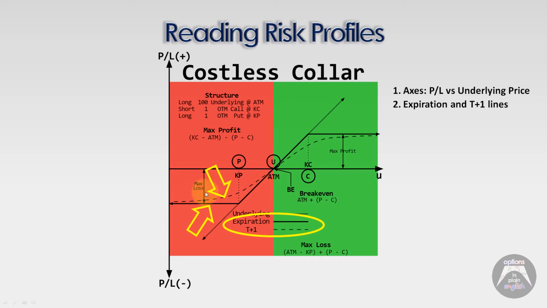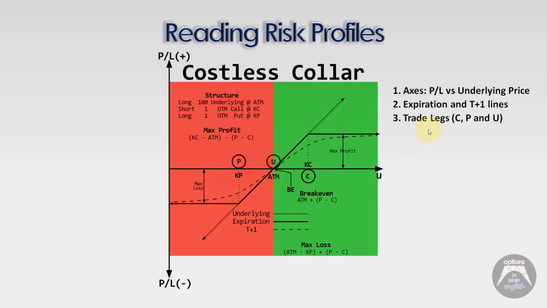This dashed line is going to start getting closer and closer to the expiration line, until at expiration it's going to merge with it. So one of the most important things in the profile is the expiration and T+1 line. These are the lines.